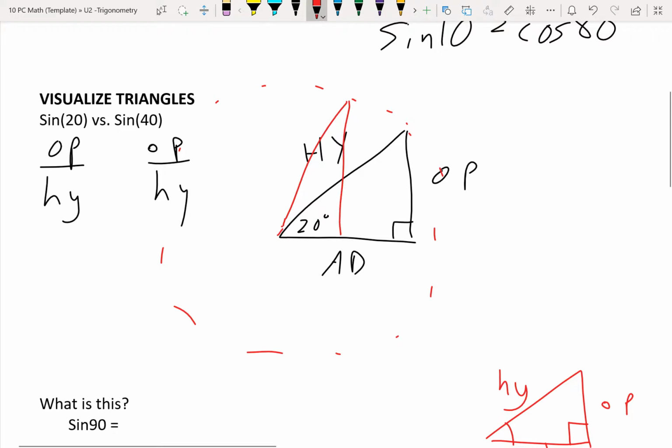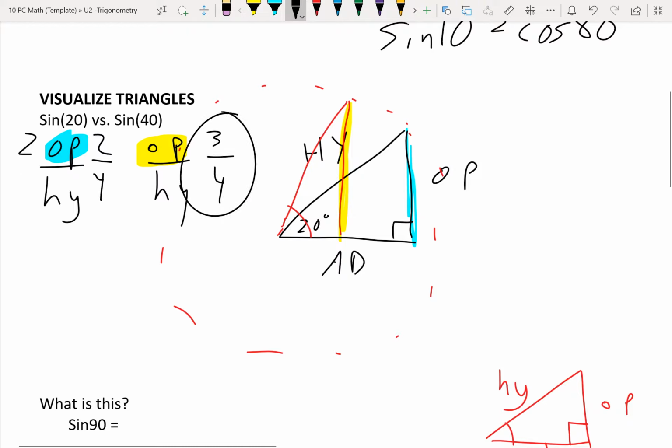We can see the opposite side is clearly bigger than it used to be, which means if we compared these numbers, old opposite, new opposite, the new one, where it has the 40 degrees, is a bigger number. So if we have a bigger number divided by the same number, let's say this was like 2 over 4, and this was like 3 over 4, clearly this is a bigger number. So if you go from sine 20 to sine 40, the bigger angle is going to have a bigger sine ratio.